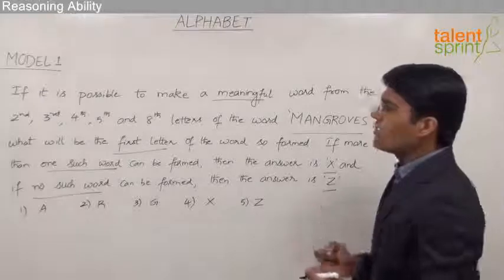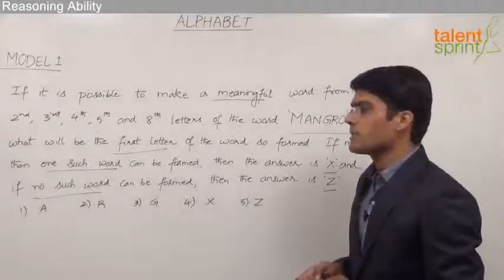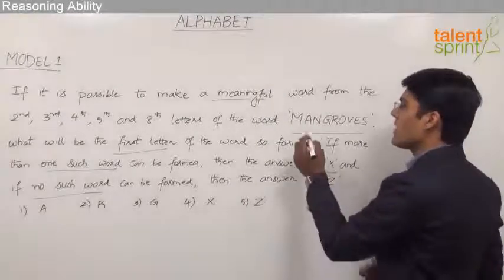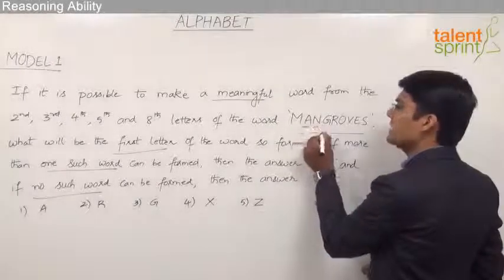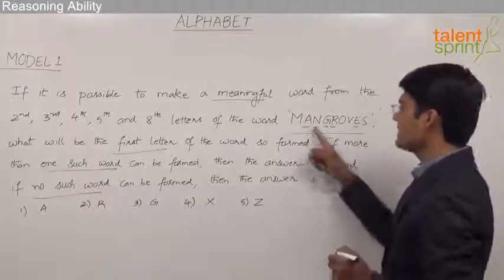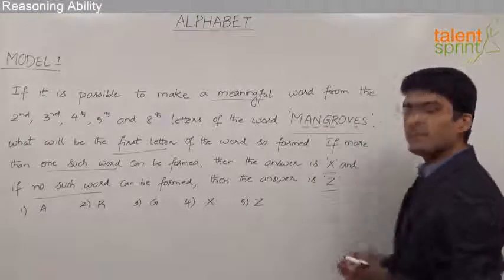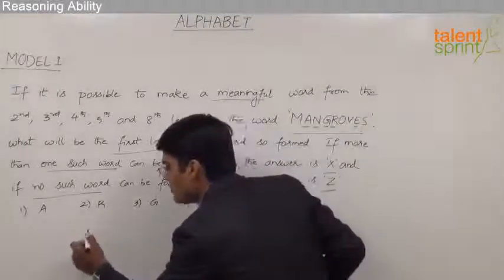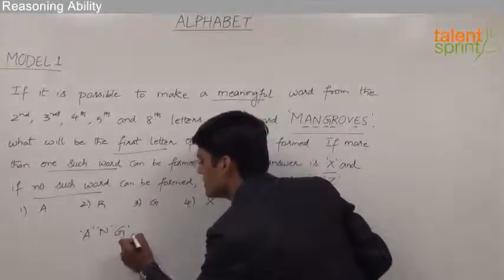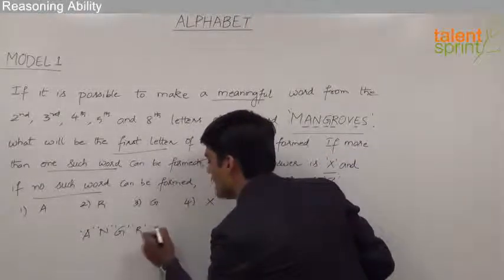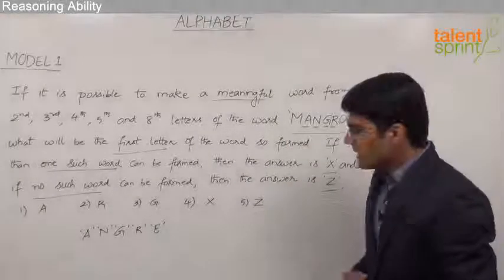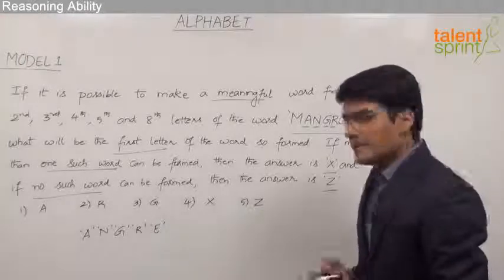So let us first pull out those letters which have been mentioned in the question. The second, third, fourth, fifth and eighth letters of the word are A, N, G, R and E. Now let us try to make out meaningful words from these letters A, N, G, R and E. Once we look at these letters, the first word which strikes to our mind is anger.